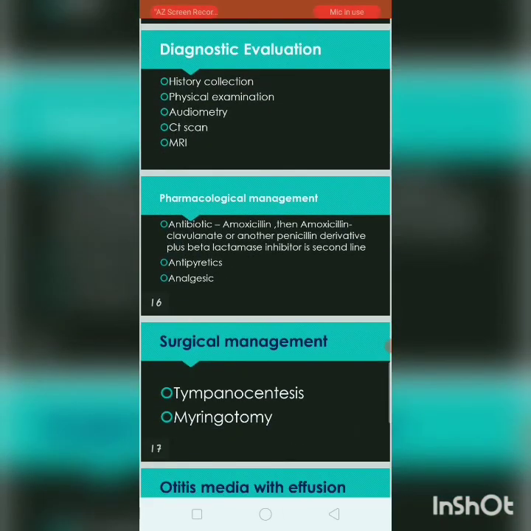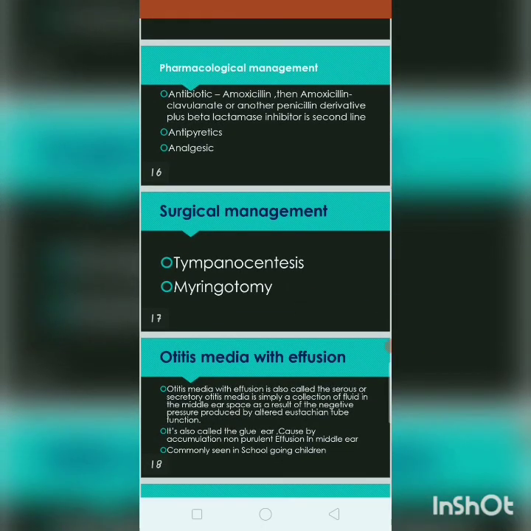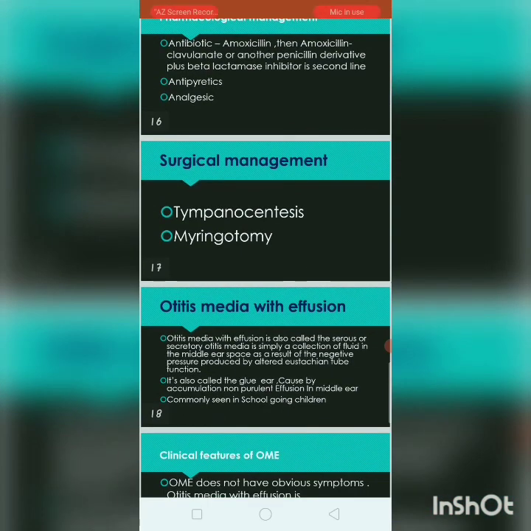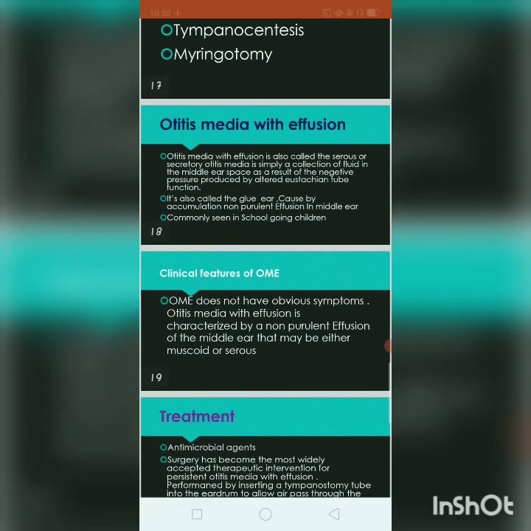Then diagnosis is history collection, physical examination, audiometry, CT scan, and MRI. Medical management means antibiotics, antipyretics, and analgesics. Surgical management is tympanocentesis and myringotomy. The second type is otitis media with effusion.